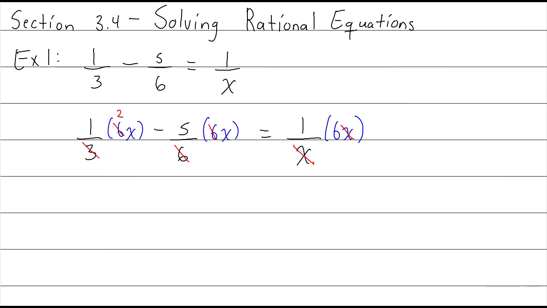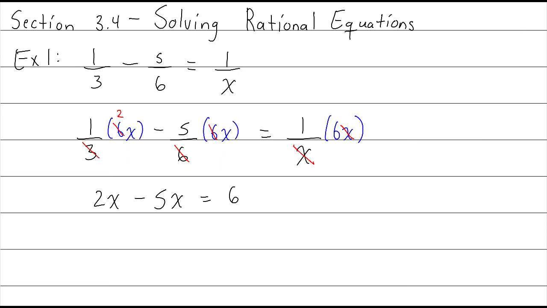That's 1 times 2 times x, that's 2x. 5 times x, that's 5x. Equals 1 times 6, which is just 6. So that's 2x minus 5x equals 6.